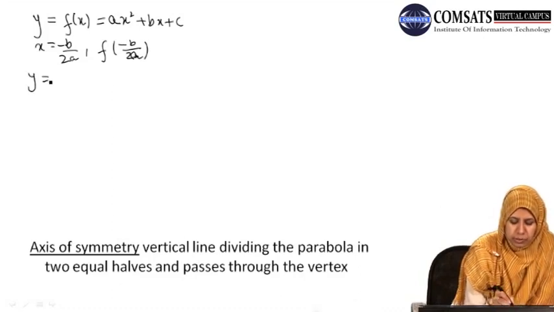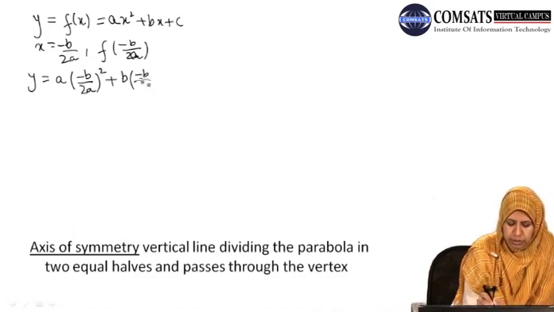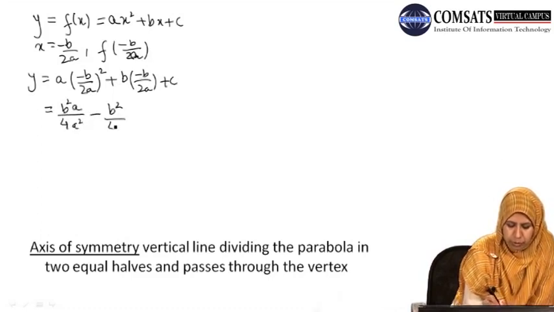So y will be equal to, in this case, a into minus b over 2a square plus b into minus b over 2a plus c, which equals b square a over 4a square minus b square over 2a plus c.